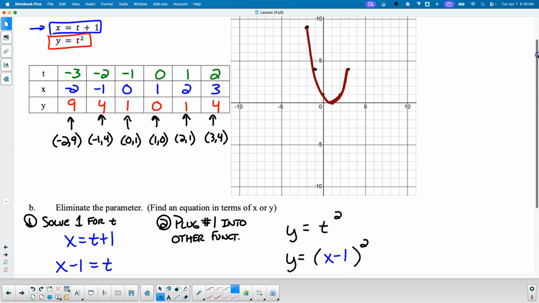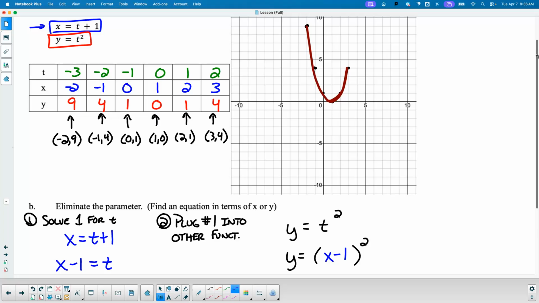Well, if I follow that pattern, here would be my vertex right there. Left 1, up 1. Right 1, up 1. Left 2, up 4. Right 2, up 4. Left 3, up 9. Right 3, up 9. Which it would be if we were to graph it as a continuous function, but we're just taking a little segment of that.